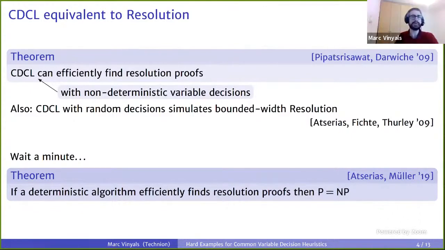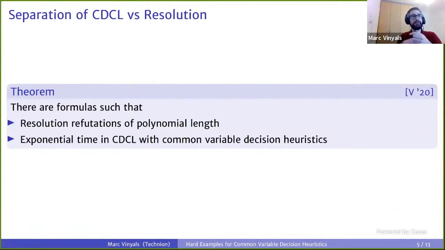But then what happens if we plug in not optimum decisions, not random decisions, but the kind of heuristics that solvers would use in the real world? Well, then we no longer have a simulation. We, in fact, have that CDCL and resolution are exponentially apart.